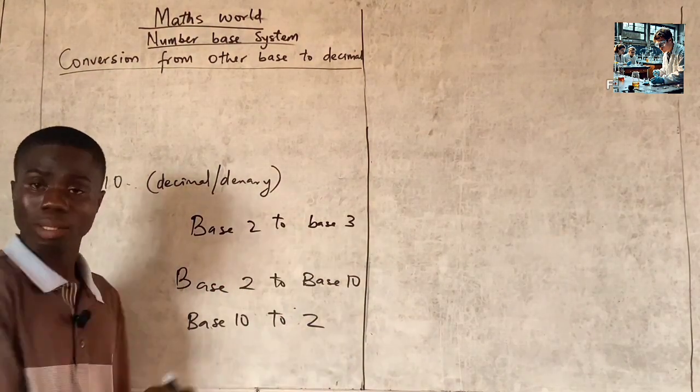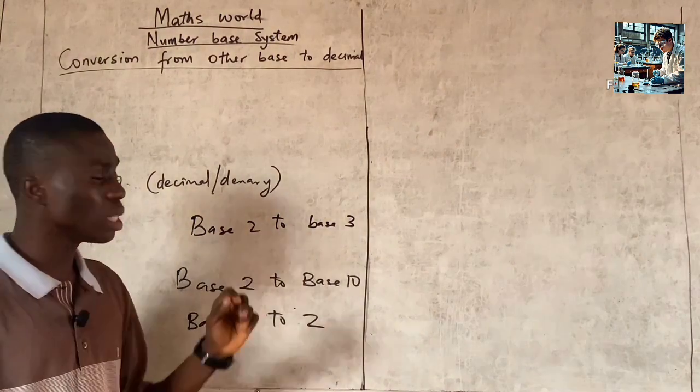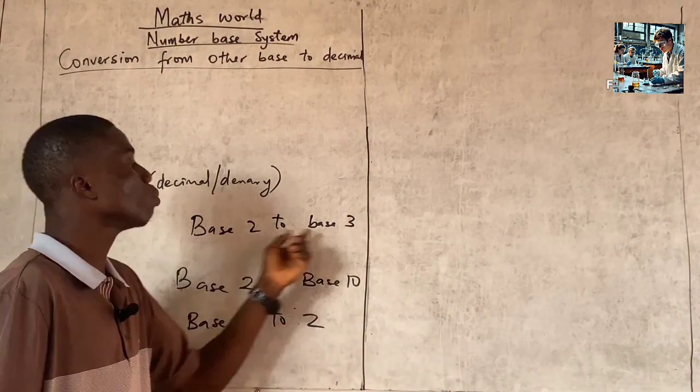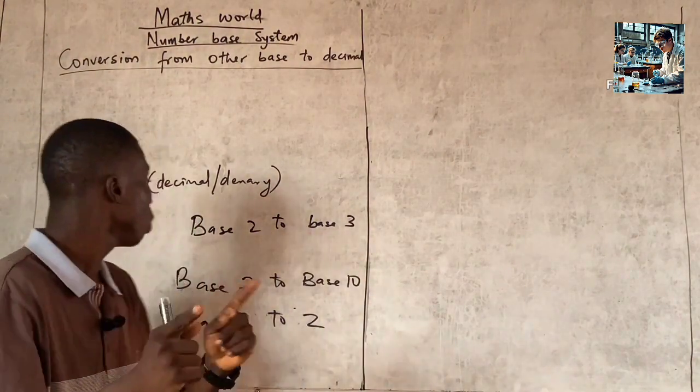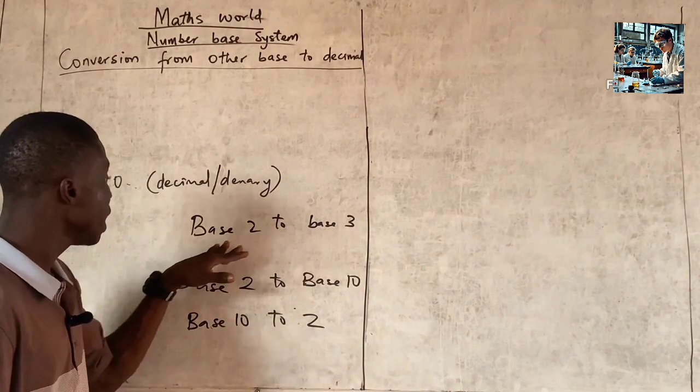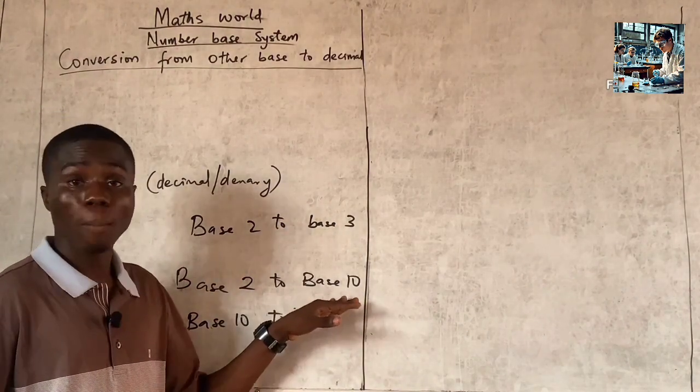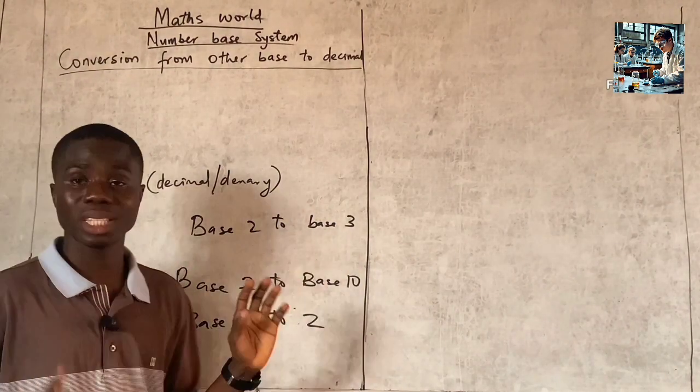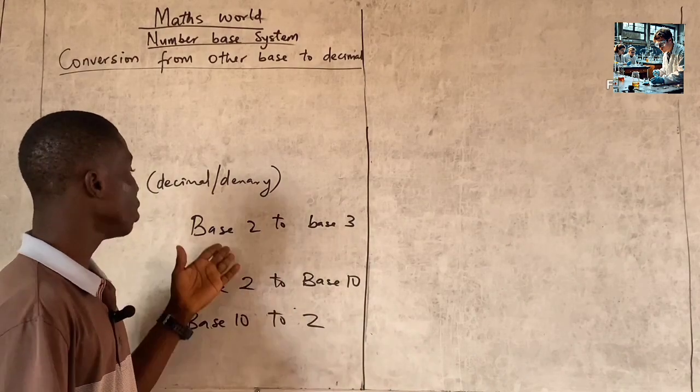If they ask you to do base 2 to base 3, what you should first do is convert base 2 to base 10, and from base 10 convert it to base 3. That's all. That's why we call it the king.